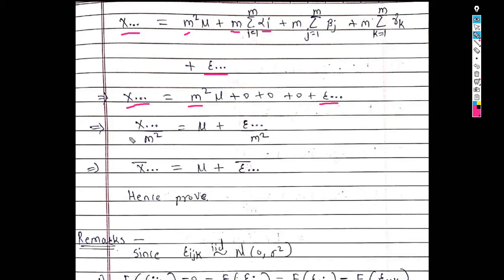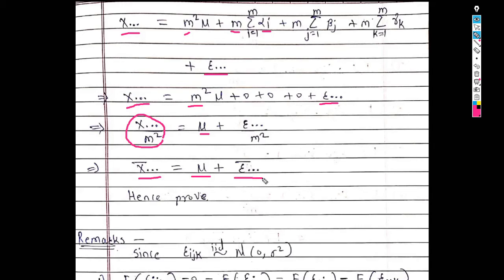Now divide by m square throughout the terms. So we get grand total upon m square, that is total number of observations, equals to mu plus epsilon dot dot dot upon m square. This term is nothing but our grand mean, that is sum of all observations divided by total number of observations, equals to mu plus the last term, which is nothing but epsilon dot dot dot bar.